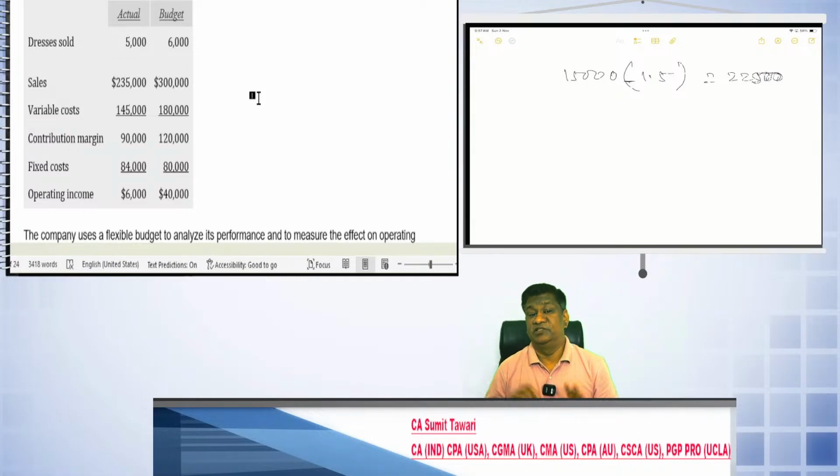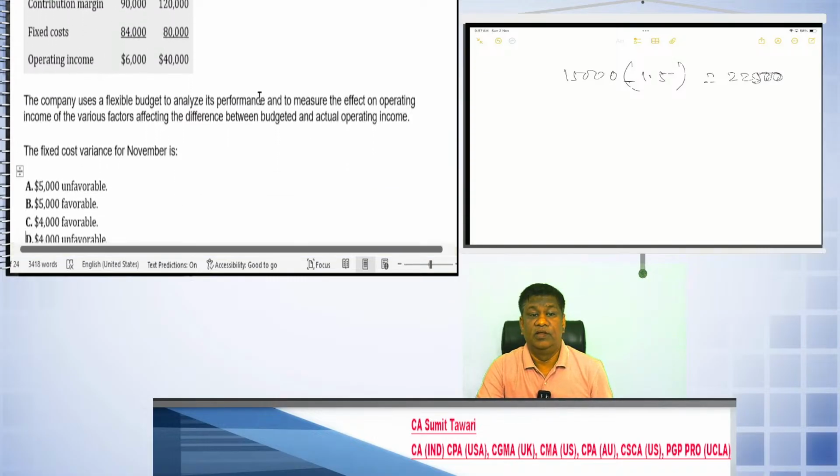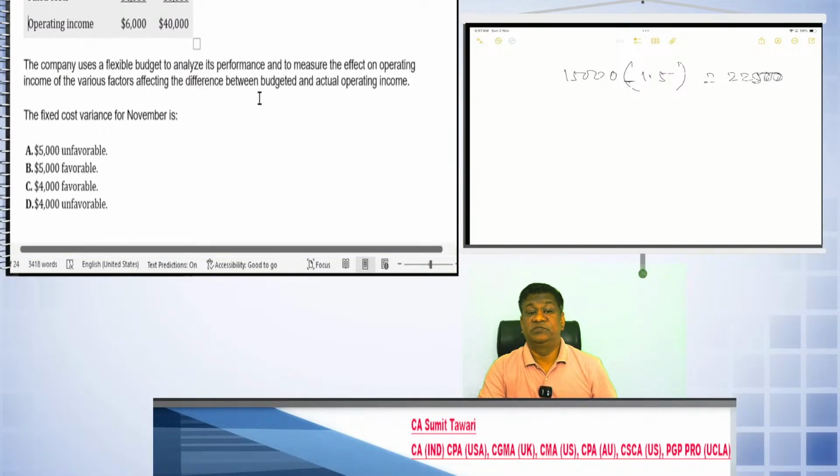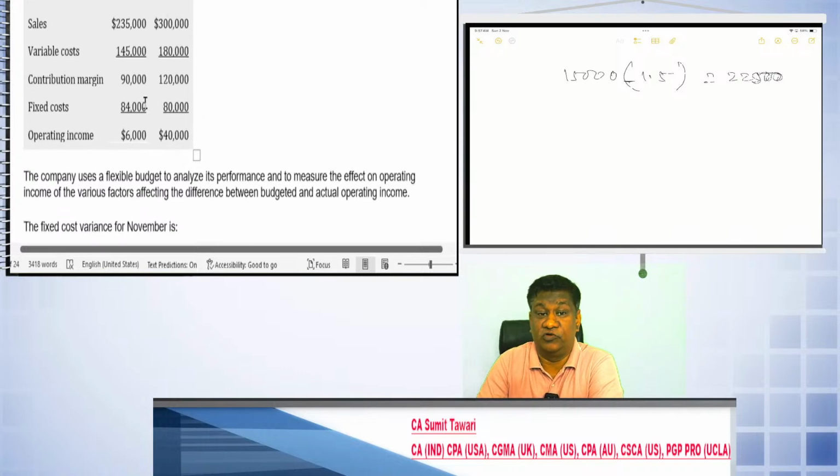If you recollect in spending, what I told, yeah, correct. Okay, so in spending, particularly in a fixed cost, you do not require to calculate anything. Whatever may be the actual and whatever may be the budget, that difference you need to consider.